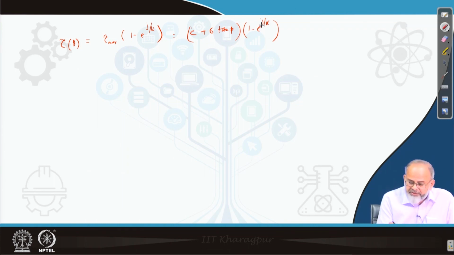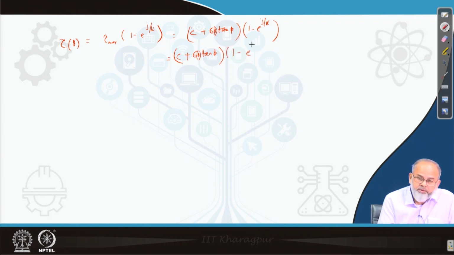Now, we have the expression for j. So if I substitute there, then C plus sigma tan phi. Sigma you can write as the distribution of sigma along the contact area, sigma theta, into 1 minus e to the power minus j.